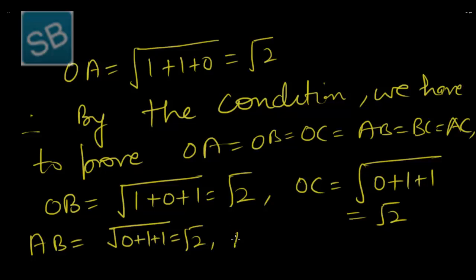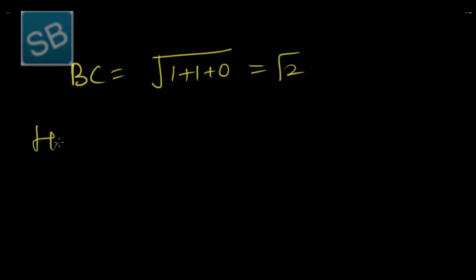Now AC becomes 1 plus 0 plus 1, that is under root 2. Now the remaining is BC. BC is under root minus 1 square plus 1 square plus 0, that is root 2. Hence, the given condition is proved.